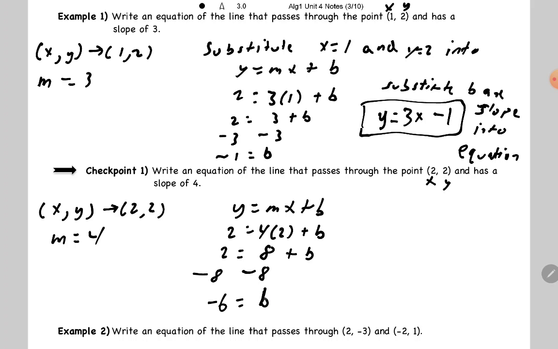And try not to get confused with your 6's and your b's, but negative 6 equals b. So we're going to put this back into the formula. Y equals slope, which is 4, x minus 6.